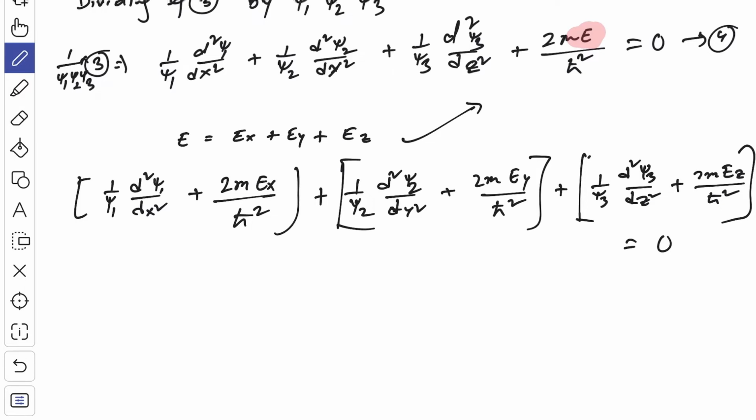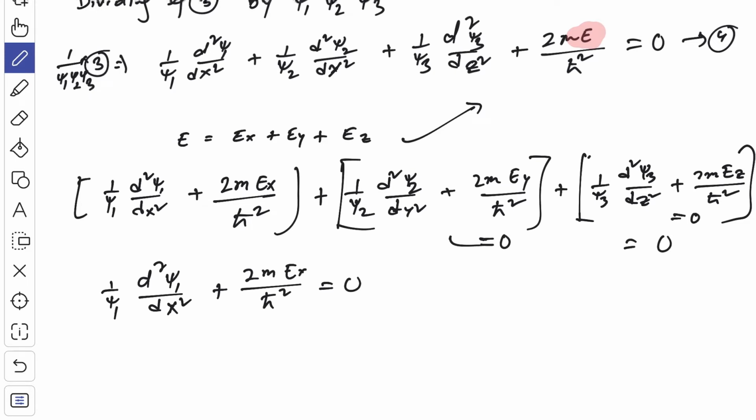So that means we can write this one is equal to 0, this one is equal to 0, and this one is equal to 0. Hope you have understood this. So that's why we will get second order derivative of psi 1 with respect to x square plus twice m Ex by h cut square is equal to 0. Similarly we will get this one is also equal to 0, and it is also equal to 0.